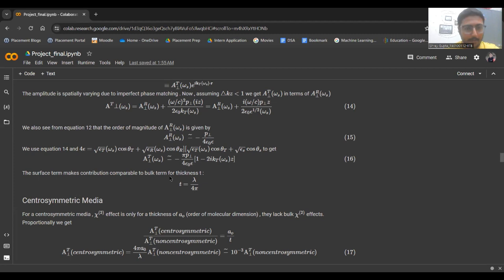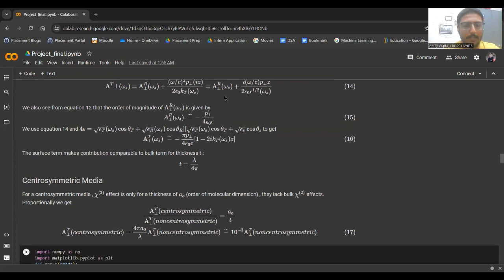So we can write the thickness as t equals lambda by 4 pi. After that thickness, as you can see, putting back into this, for z greater than t the amplitude goes to 0. So after that thickness, the wave is not propagating.